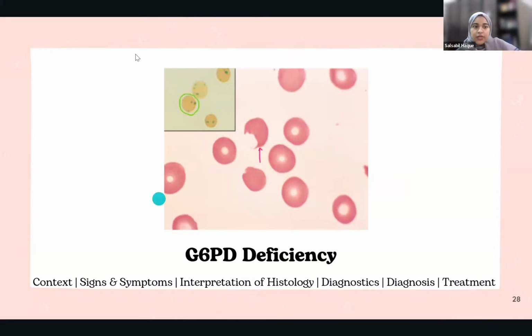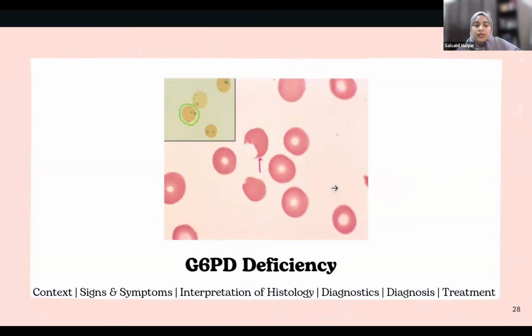So what is the context here? Someone who is mainly asymptomatic, maybe the symptoms are brought on, symptoms of anemia, that is, let's say pallor, jaundice, not hepatosplenomegaly, mainly pallor, jaundice, fatigue. And this is brought on by either a recent viral infection, or it could be a medication called dapsone, or it could be consumption of fava beans, right?